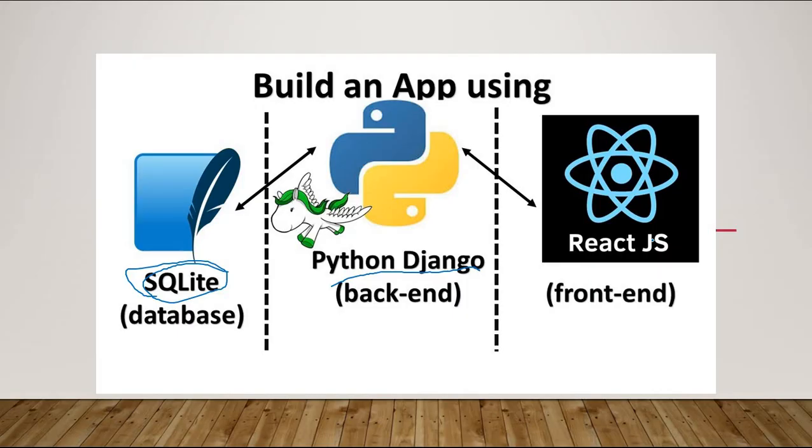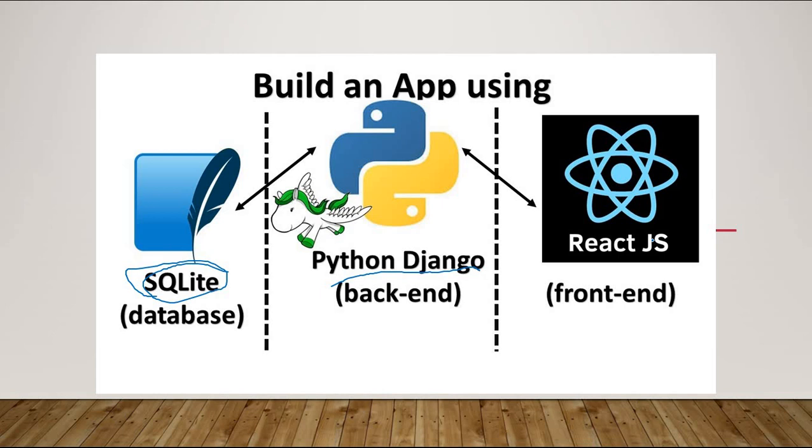You can get many opportunities on a technology basis: backend developer, front end developer, database developer, Django developer. Many opportunities are there. These technologies are very useful for your career when you are starting for the first time.